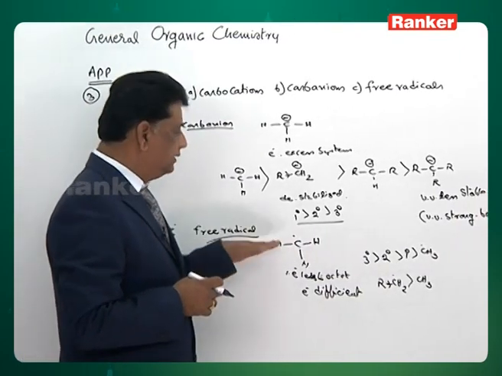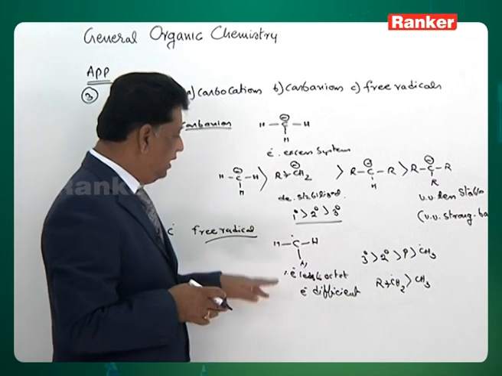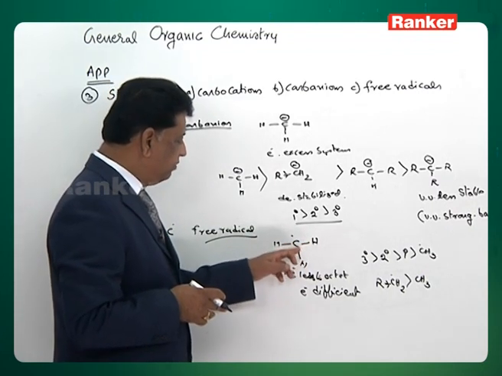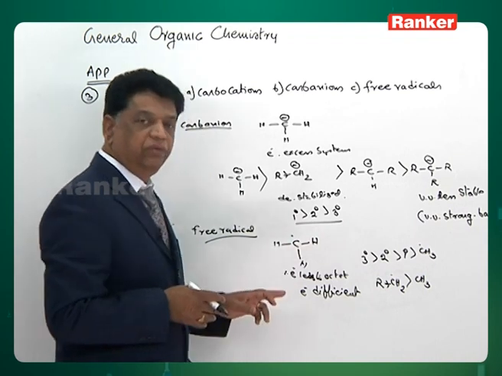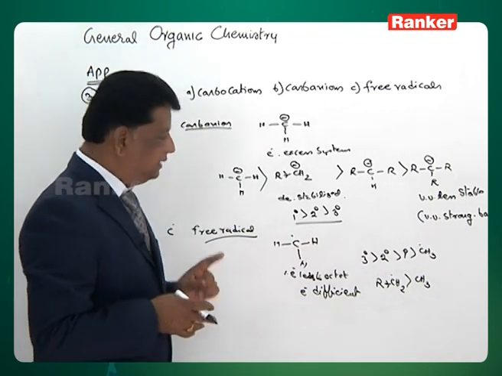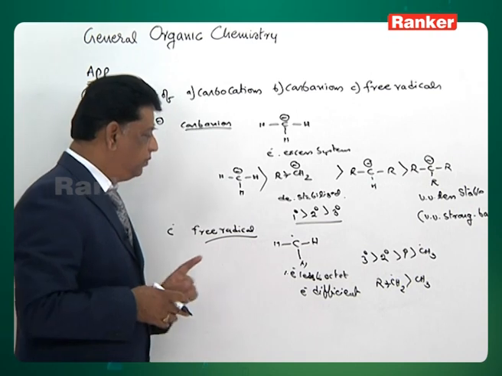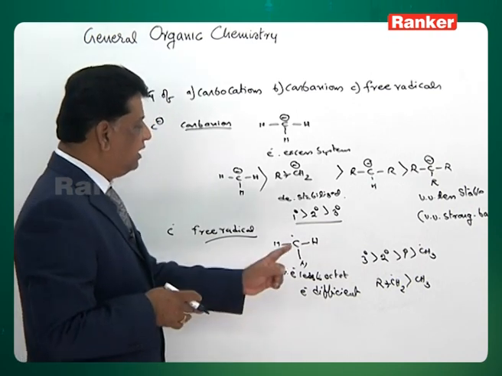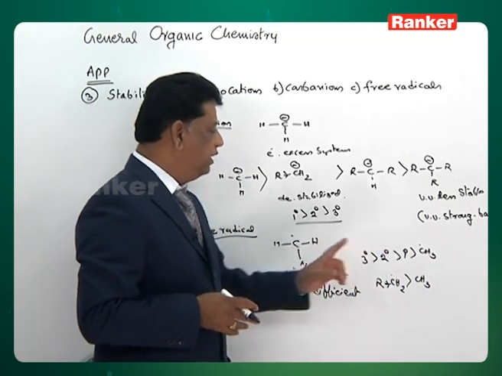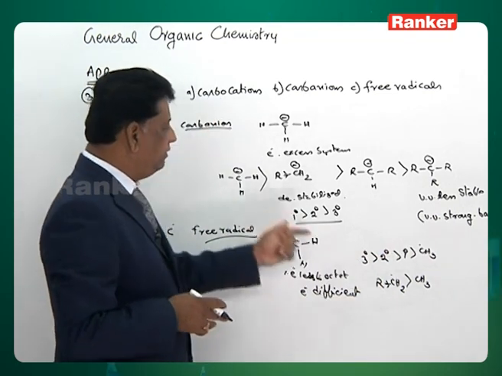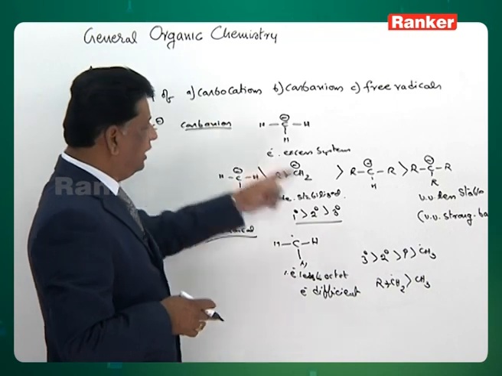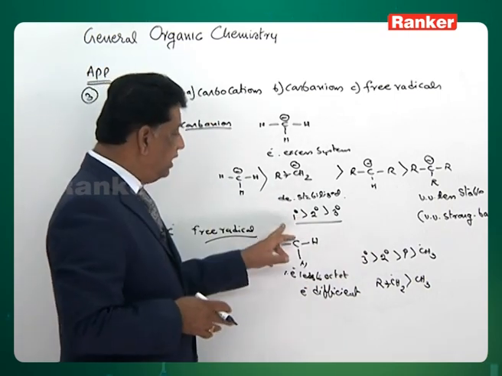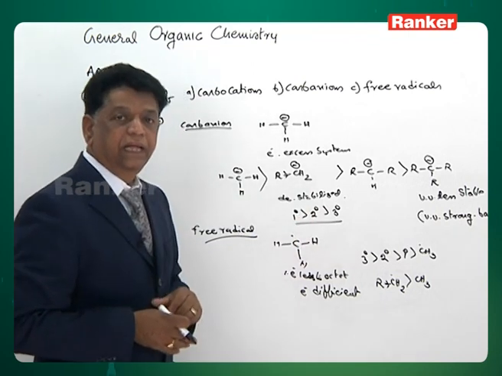Charge-wise it is neutral, but if you count the valency electrons, there are 4, but for the octet, 1 electron is less, it is a 7 electron system. So it is electron deficient, therefore 3 degree, 2 degree, 1 degree. So carbocations and free radicals have the same 3 degree, 2 degree, 1 degree order, whereas carbanions are reverse: 1 degree is more stable than 2 degree and 3 degree.